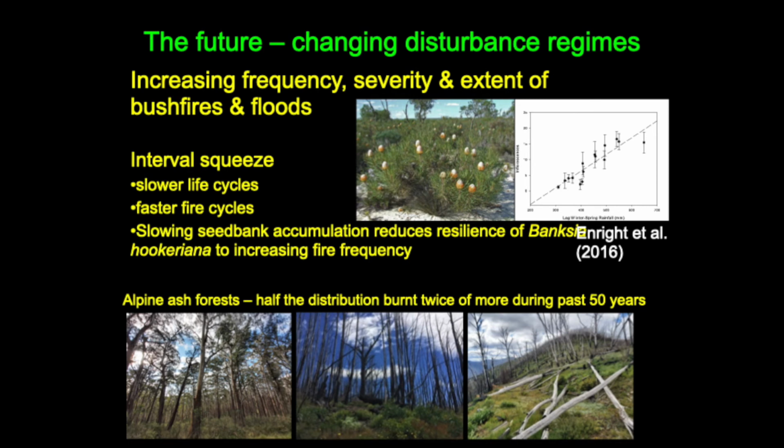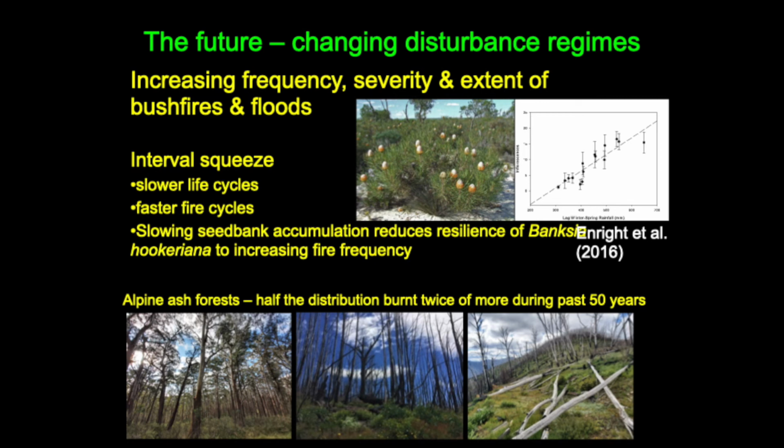One is that because of drying, plant life cycles are slowing down. It takes plants longer to develop the capacity to grow and produce flowers and then seeds after they germinate. And at the same time, we're generating a climate that's more suitable to fires. So fires are getting closer together.